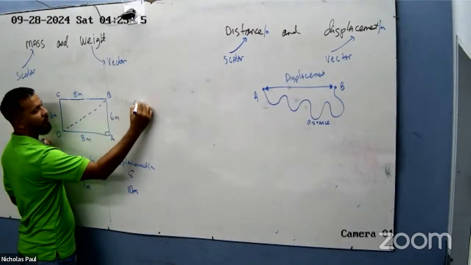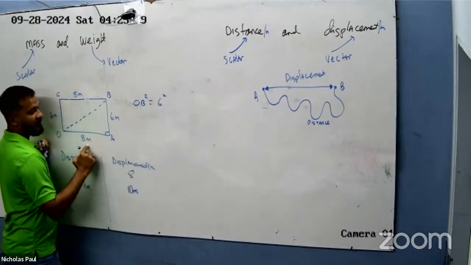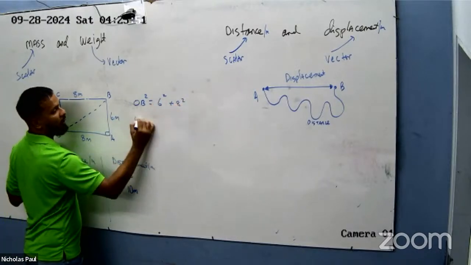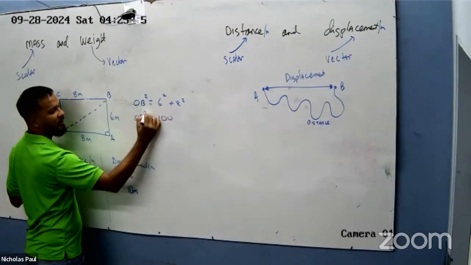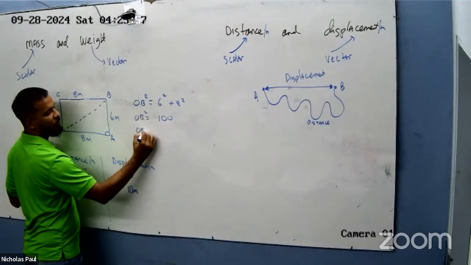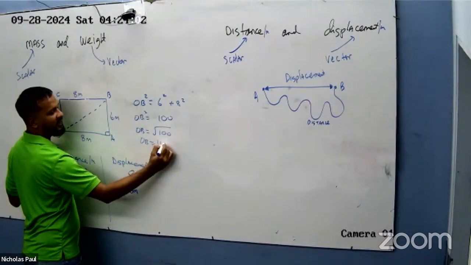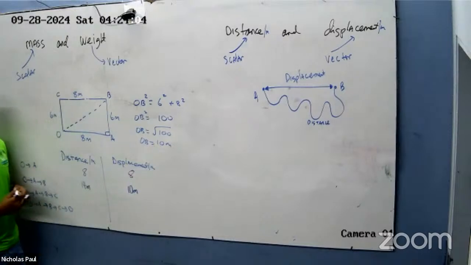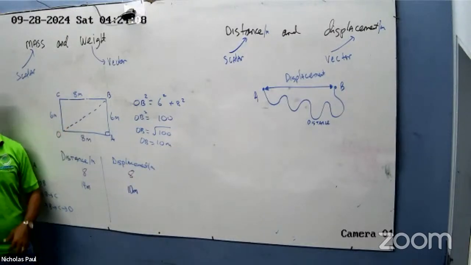Real simple. OB squared is 6 squared plus 8 squared. So OB squared is 36 plus 64, that's 100. Then you carry across the squared and you get the square root. So you'll get OB is 10. So you need to know your Pythagoras theorem.